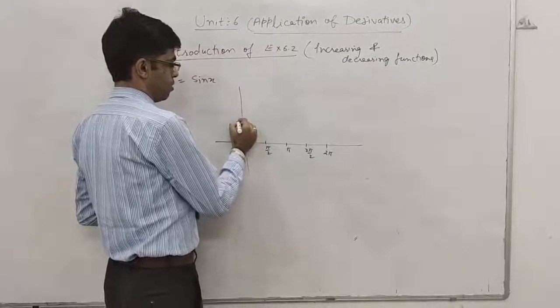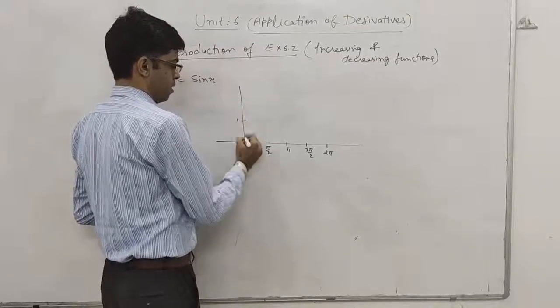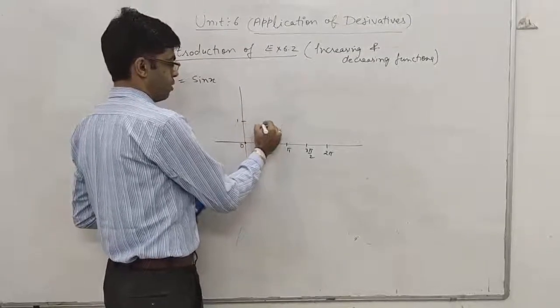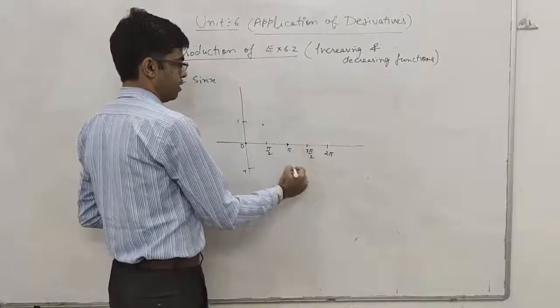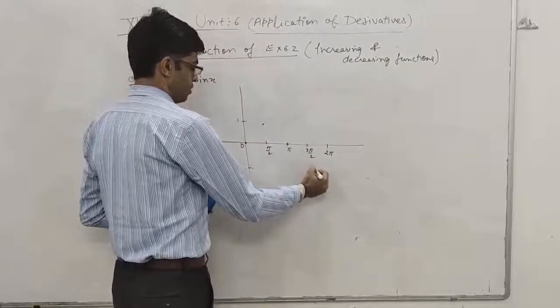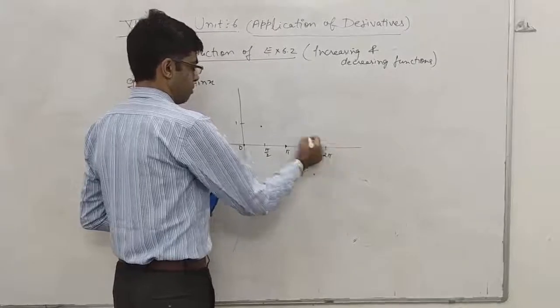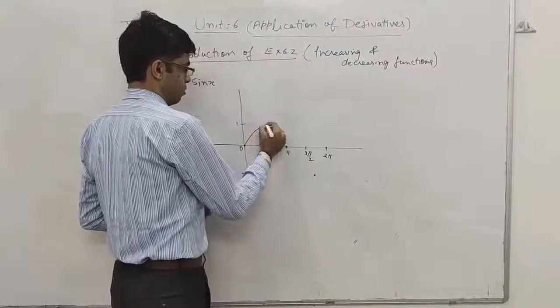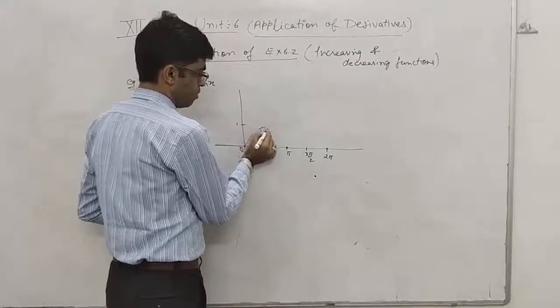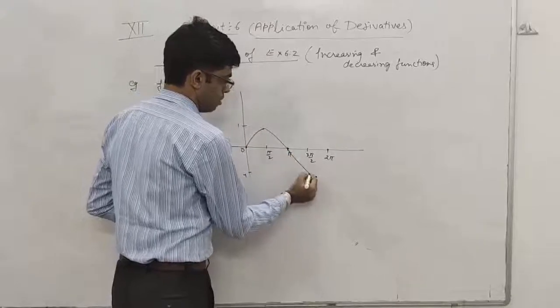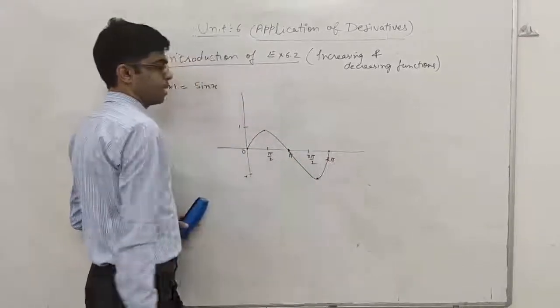Sin 0 is 0, sin pi by 2 is 1, sin pi is 0, sin 3 pi by 2 is minus 1 and sin 2 pi is again 0.